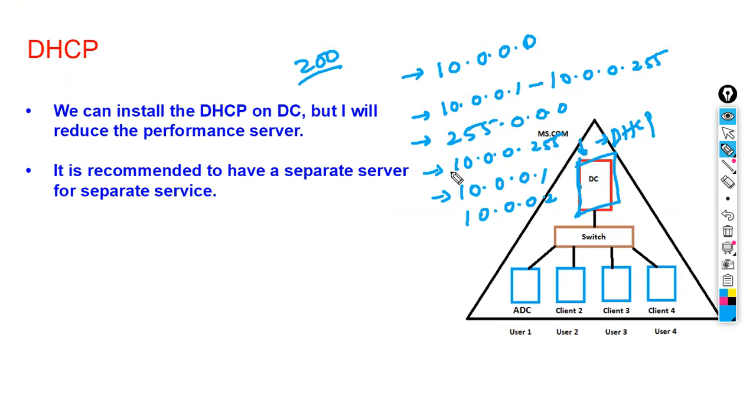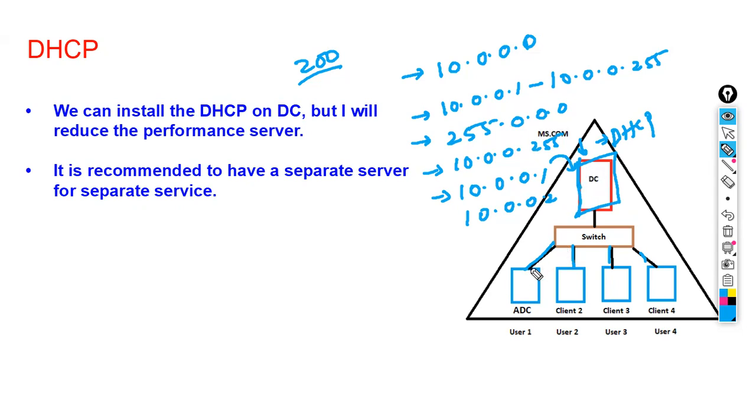Whatever information you have, you will give it to the DHCP server and tell it, any device which is connected to the network, provide the IP address from this range 10.0.0.1 to 10.0.0.255, and the subnet mask should be 255.0.0.0 and the gateway should be 10.0.0.255. This is the preferred DNS, this is the alternate DNS. So you will train the DHCP server.